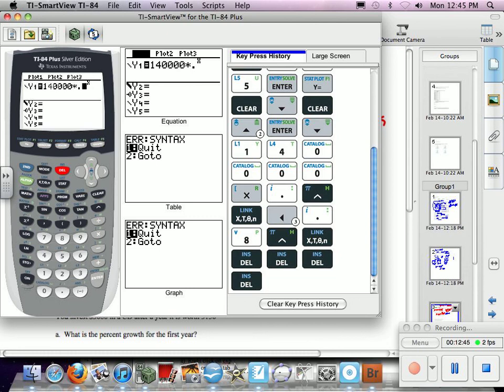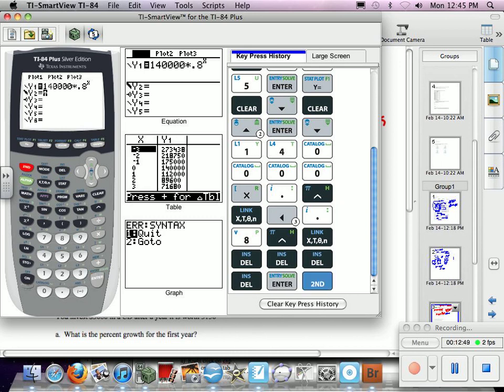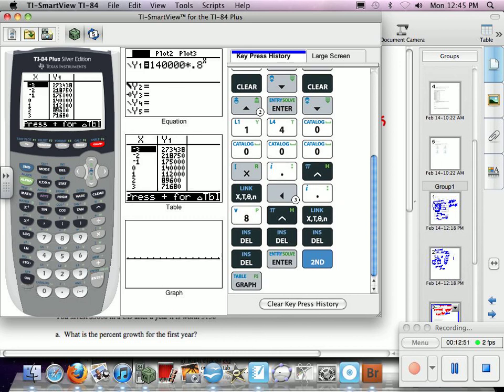Okay. And let's go to my table and see what I got. So there you can see I start out at 14,000, and I want to know when it's half. Somewhere between the 3rd year and the 4th year, it's worth about that much.